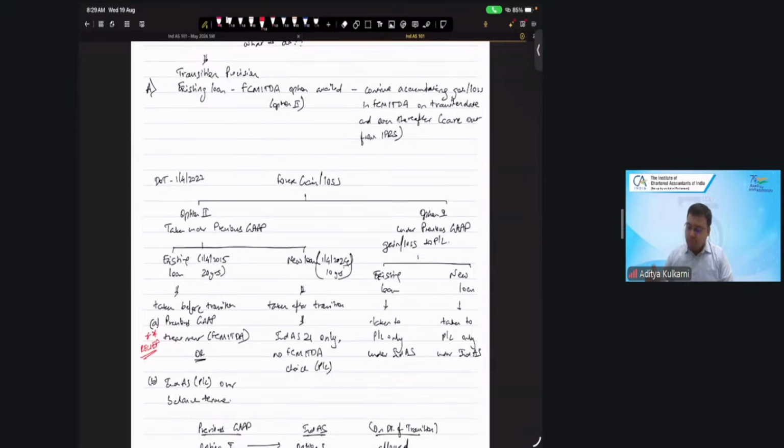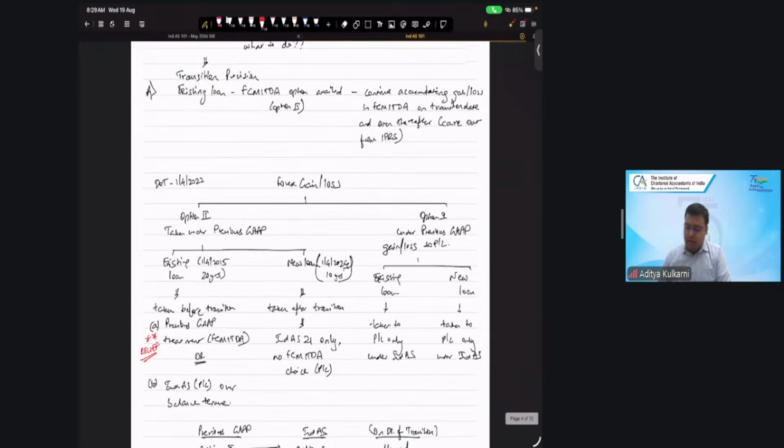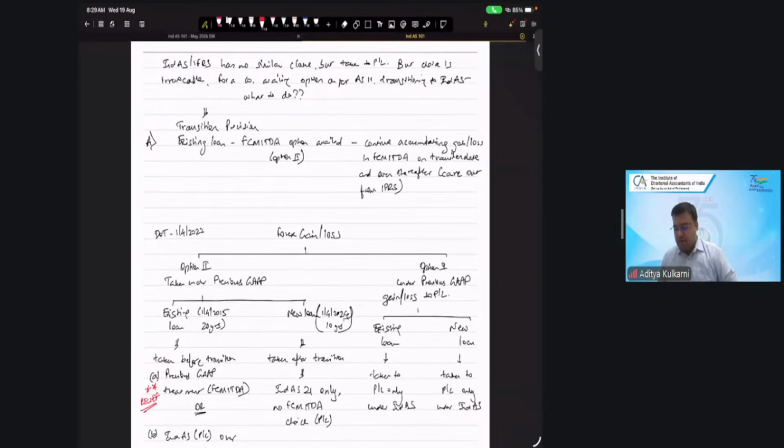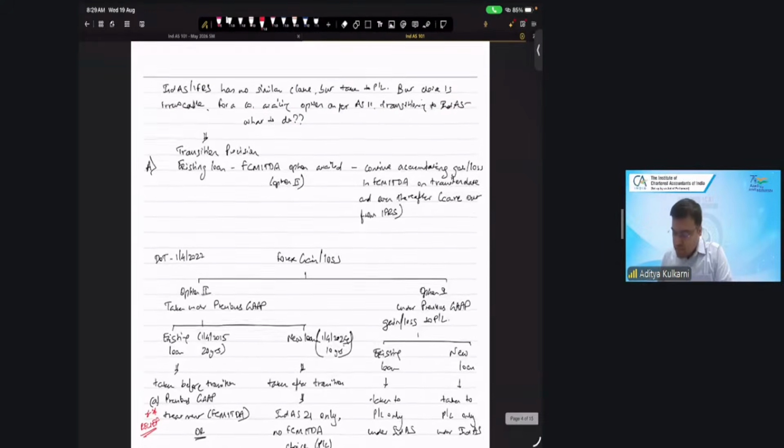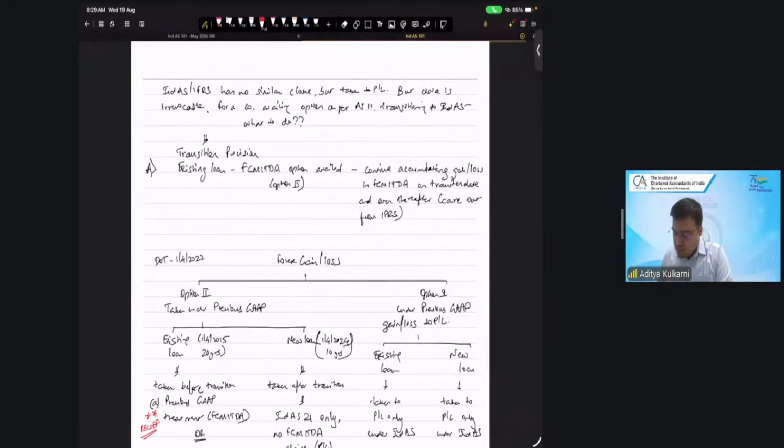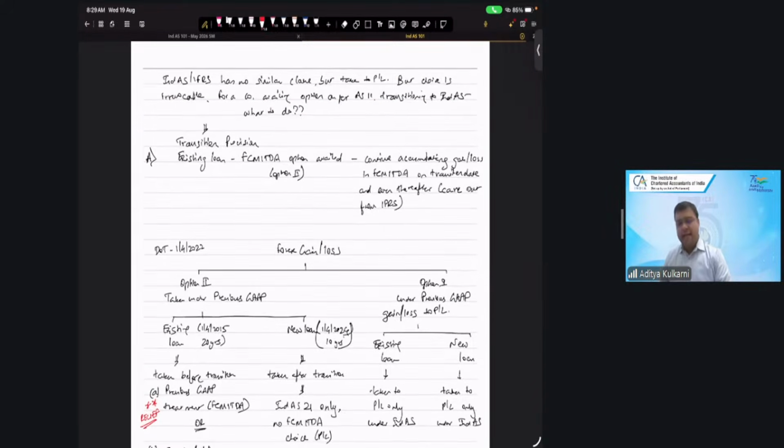Understand carefully. Let us suppose I had an existing loan. In respect of this existing loan, I had availed the FCMITDA option, that means option 2.